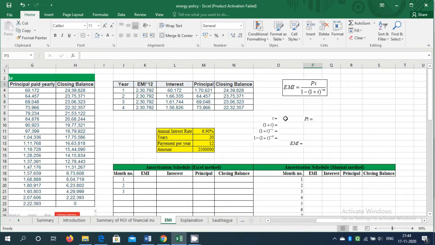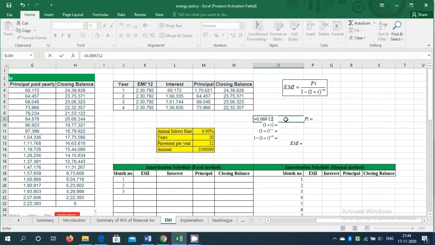Okay, so how will I calculate the I? I equal to 0.069 upon 12.